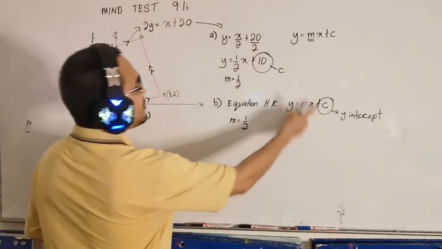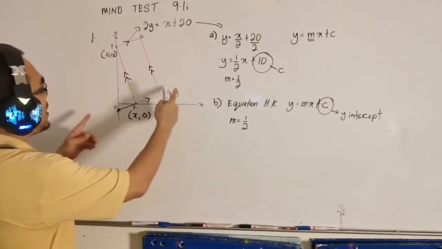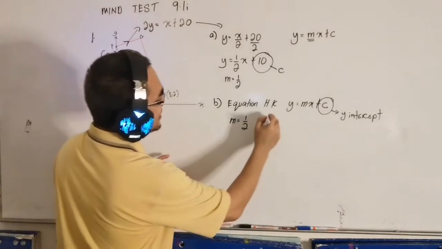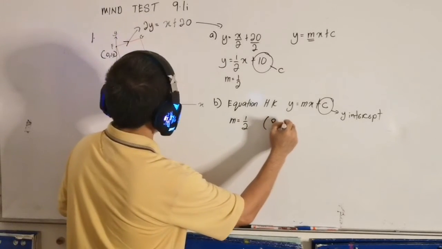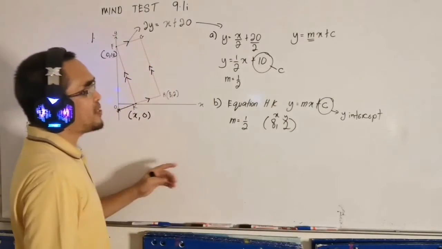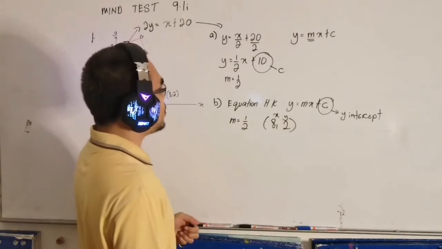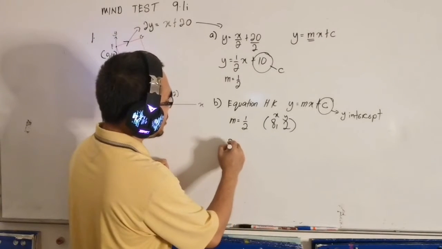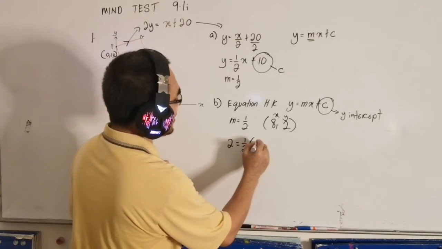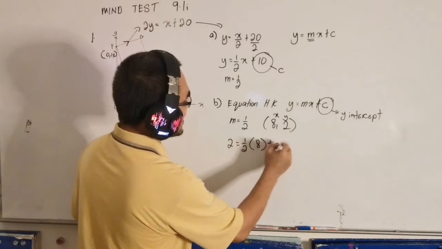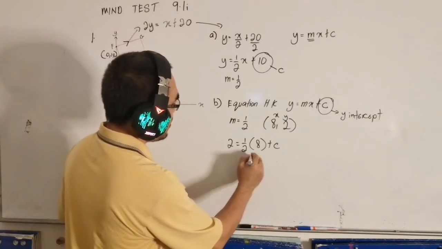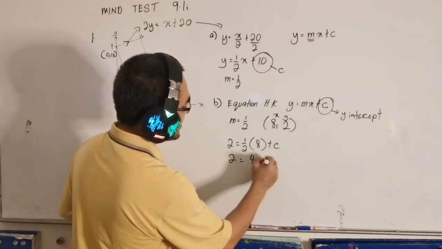So how do I know the value of c? You substitute any point on the line HK. The point that I know is (8, 2), where 8 is x and 2 is y. We substitute in y equals mx plus c, so 2 equals 1 over 2 times 8 plus c. 1 over 2 times 8 is 4, so 2 equals 4 plus c.